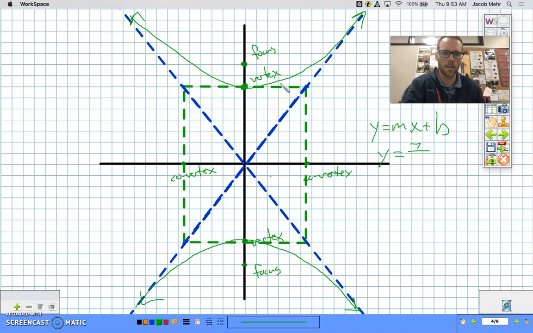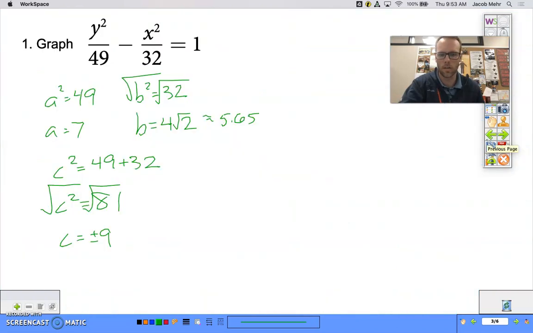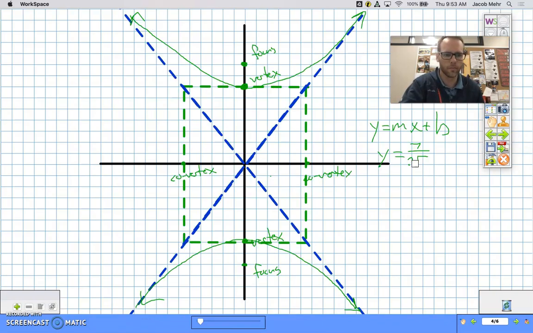The run is the distance to the co-vertex, which was what? 4 root 2. Again, we knew this rise was the distance to the vertex 7. The run was the distance to the co-vertex 4 root 2. So the slope is 7 over 4 root 2.